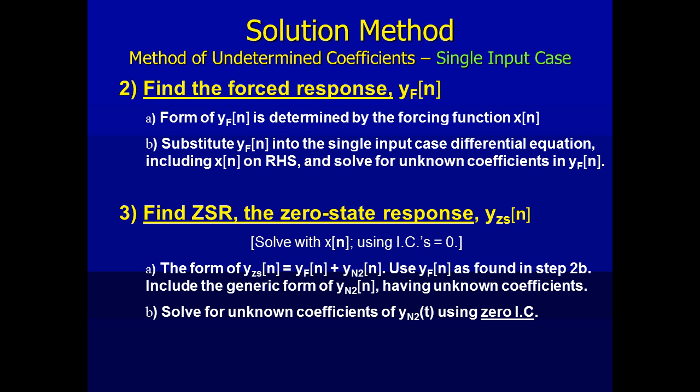I guess we're going over here. Continuing the zero state response for the single input case. The zero state response for the single input case, so I'll use a 1 there, remind me of that. That's made up of the forced response plus another piece.